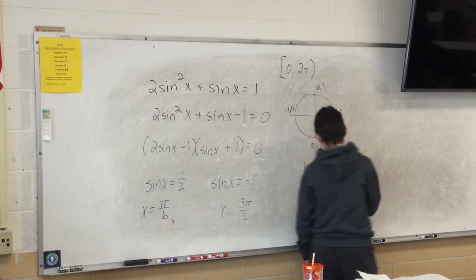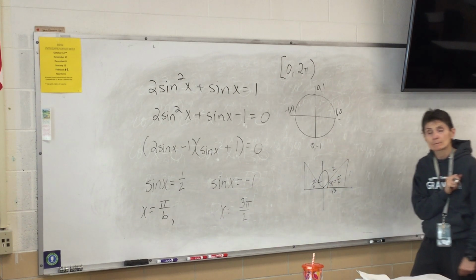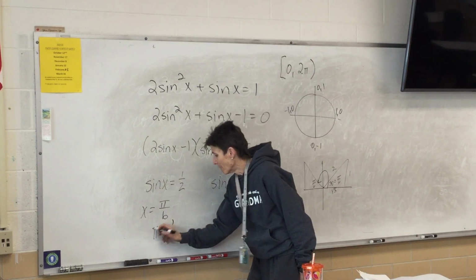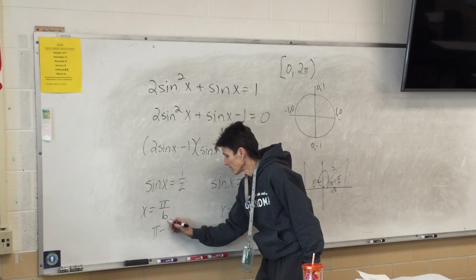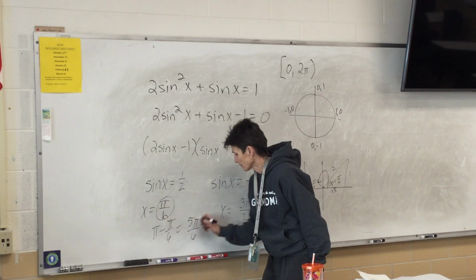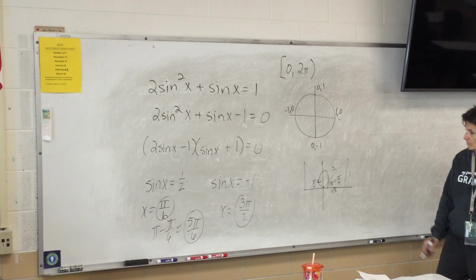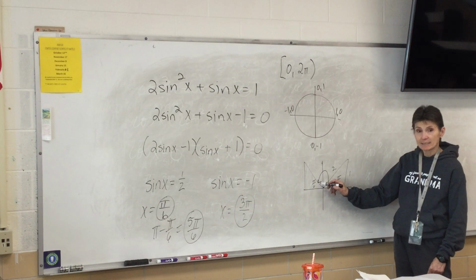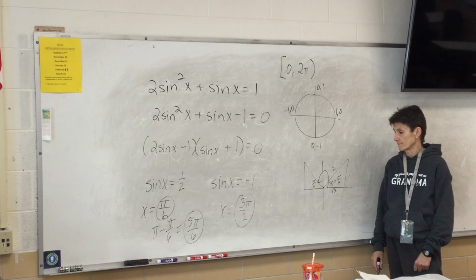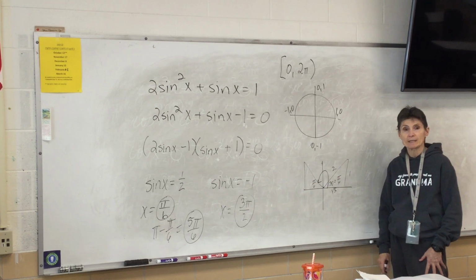And the other one would be this one, which is pi minus pi over 6, or 5 pi over 6. Pi minus pi over 6. 150. 180 minus 30.